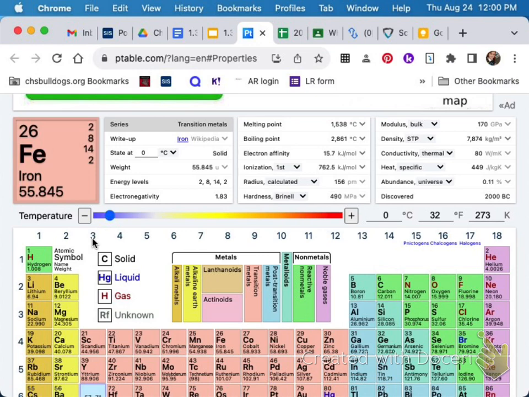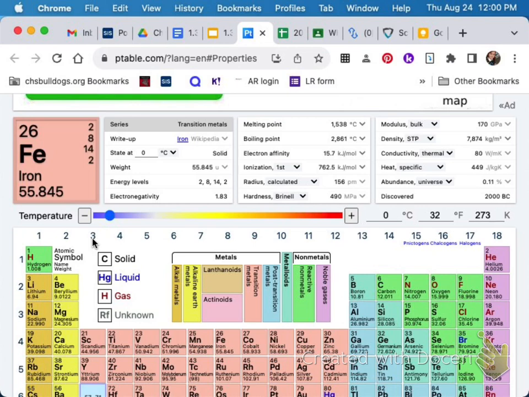Okay. So the atomic number is going to increase as you go left to right across the table, and then also as you go down the columns. It will give you the symbol, in this case Fe for iron. Okay. And then underneath the symbol, they'll usually give you the full name.